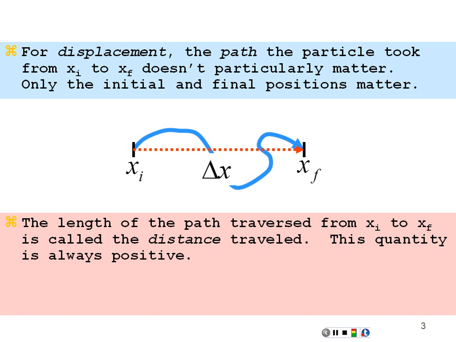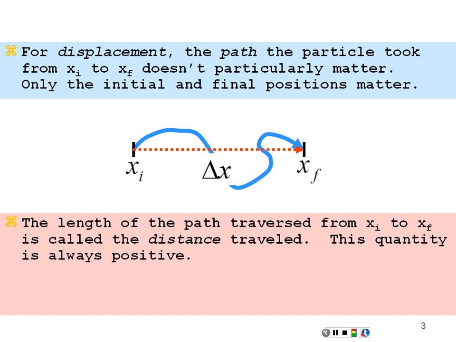Then my final position would be negative 5, my initial position would be 0, and my displacement would be negative 5 minus 0, or negative 5 meters. My distance traveled in that case would actually be a positive 5 meters, because distance traveled will always be a positive quantity, and it will just be the length of the path that you traveled, while displacement is always your final minus your initial position.